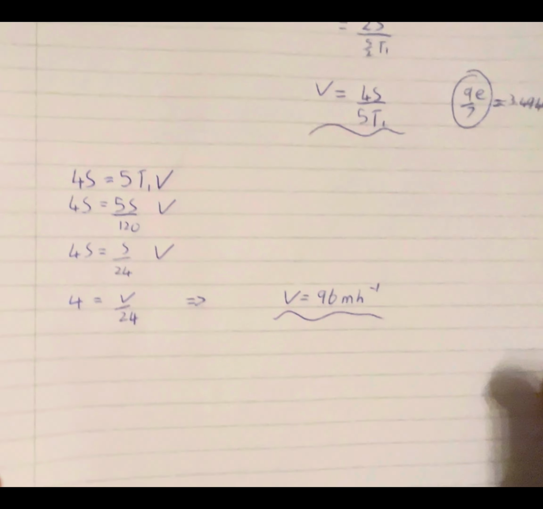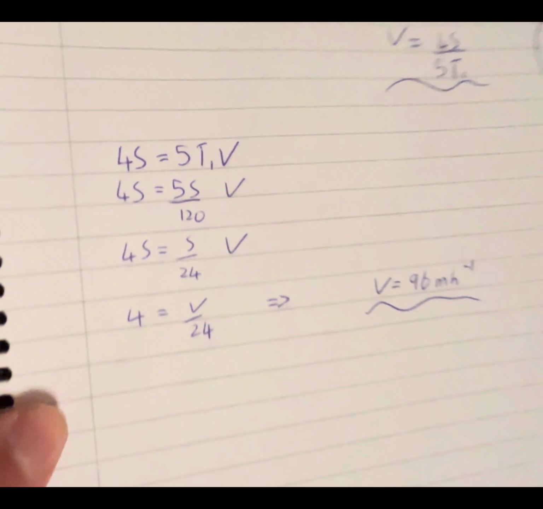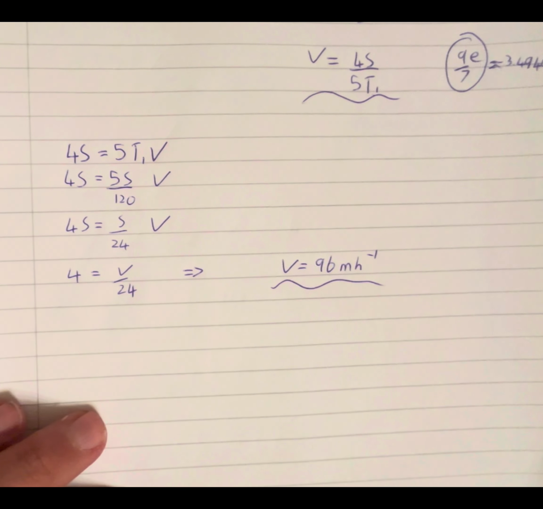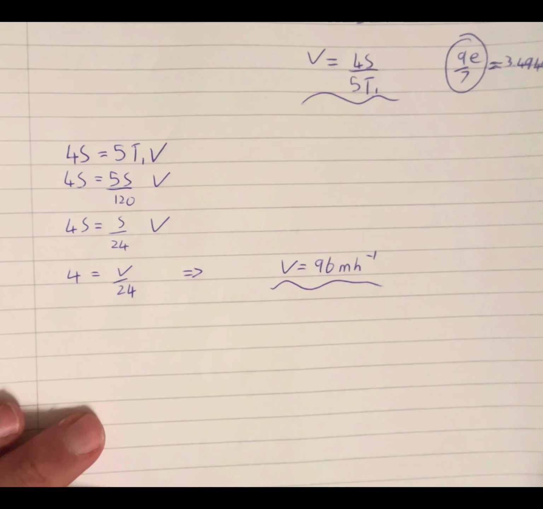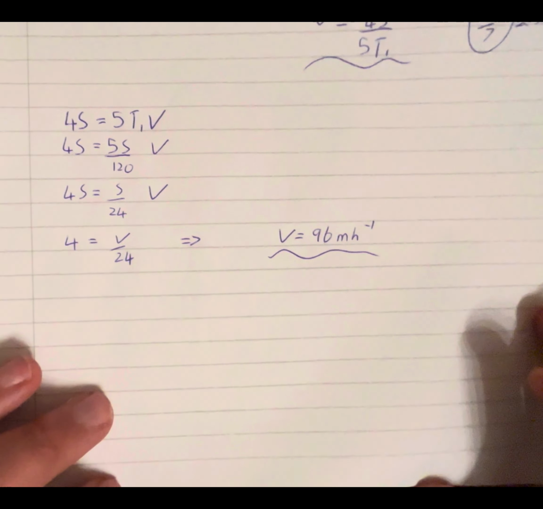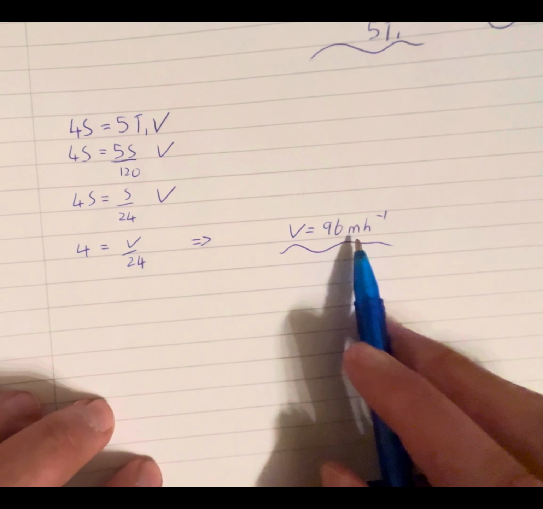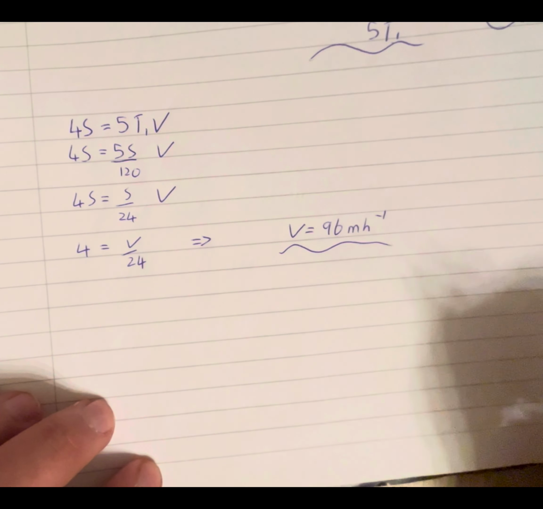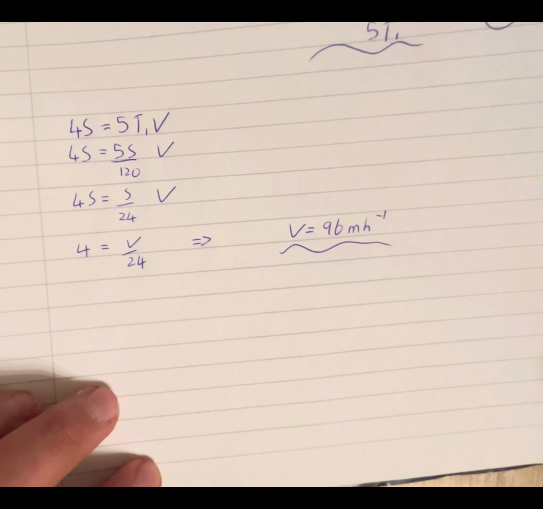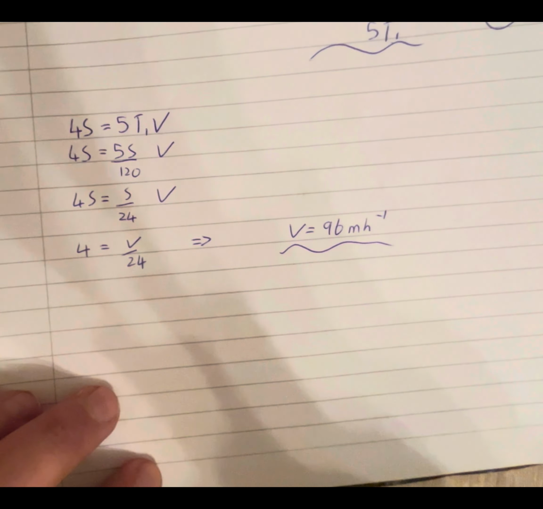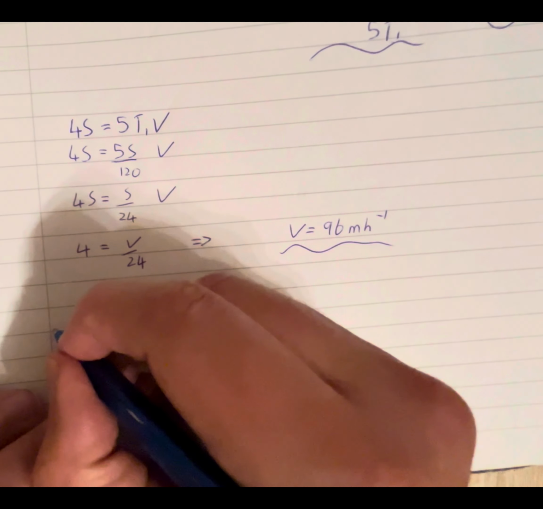Just to showcase how pointless speeding is, for anybody who drives, just to show you how unnecessary it is, right? If you travel an average of 96 miles an hour, like this hedgehog did, I'm going to use miles instead of meters, just because cars don't travel that slowly.